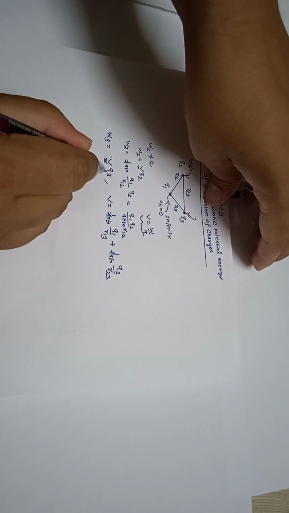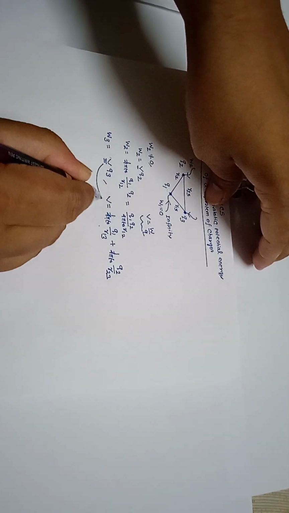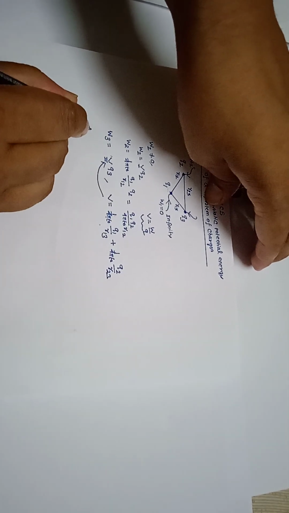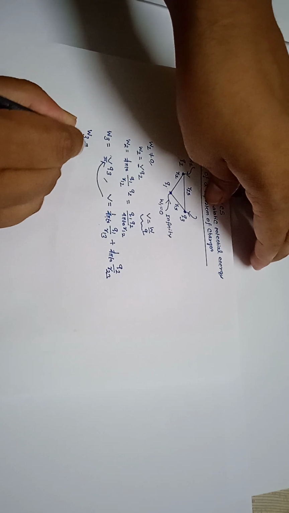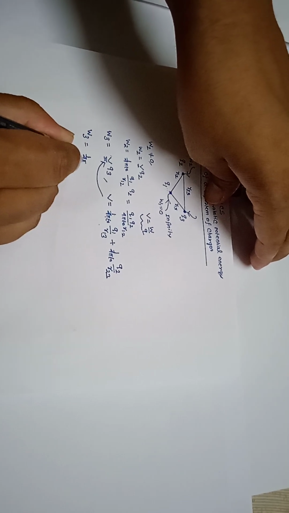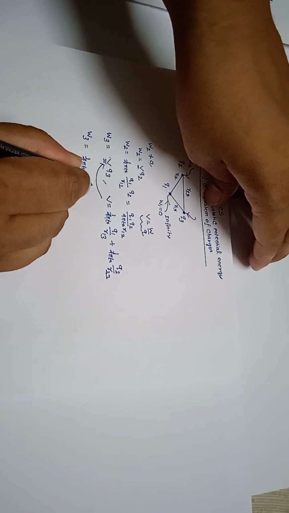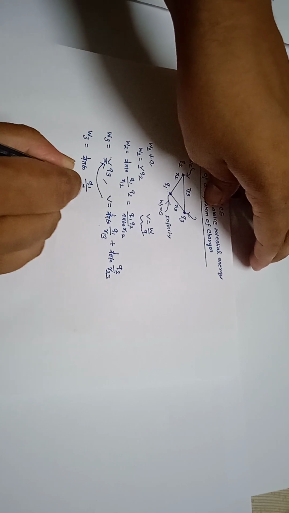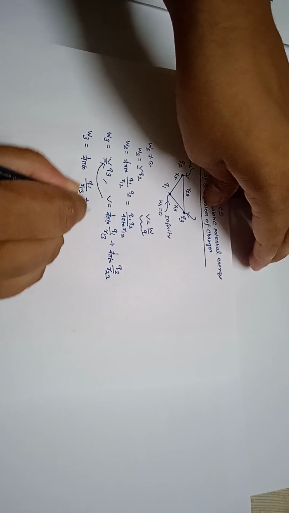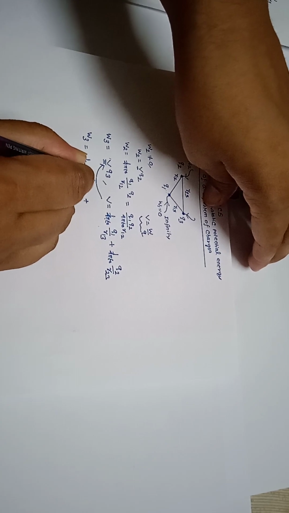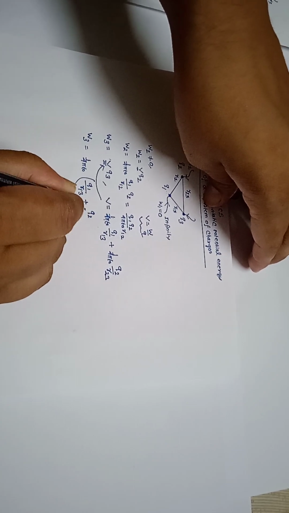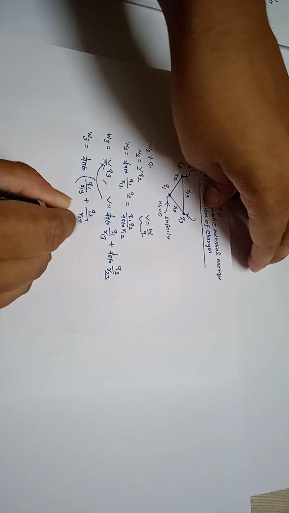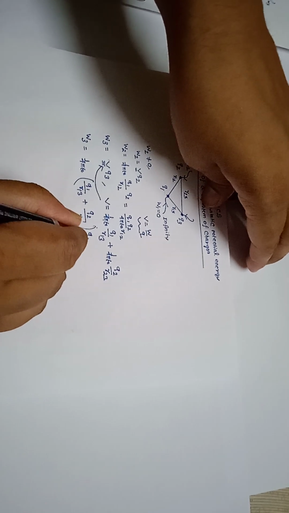So w3 is equal to V q3. We have to put this value here. So w3 is equal to 1 by 4 pi epsilon naught, q1 by r13 plus q2 by r23, into q3.